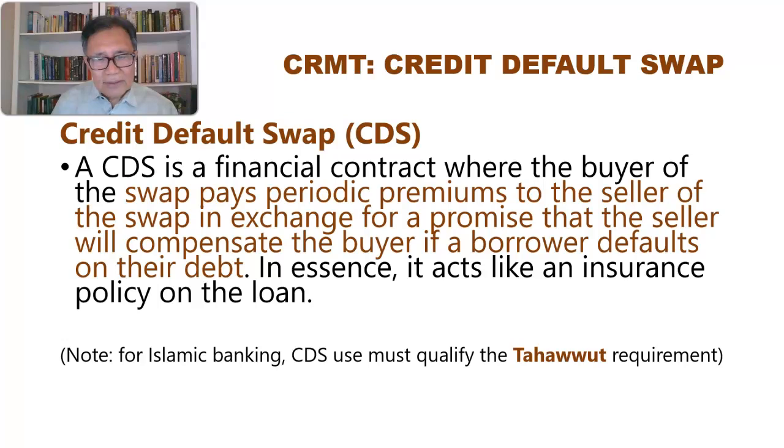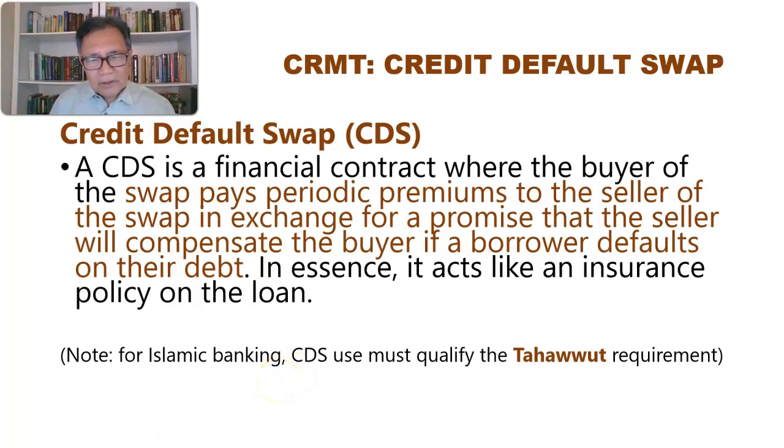The bank can buy a swap, and this swap can be used to protect the bank in case the borrower couldn't pay the loan. So the swap seller will be the one who will be compensating the bank for the failure to pay the debt obligation. So it is acting like an insurance policy.